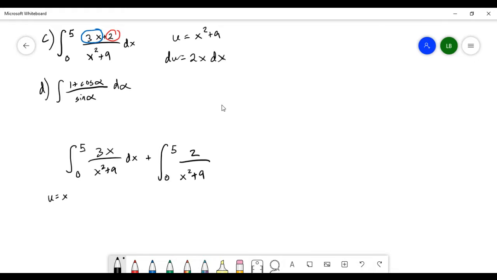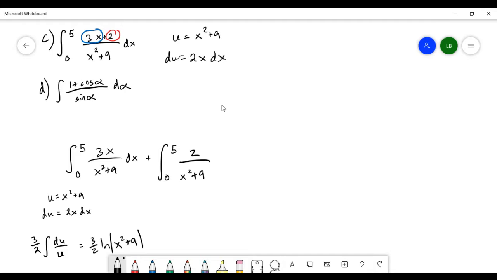We can let u equal x squared plus 9. du is equal to 2x dx. So we end up with 3 halves integral du over u. That's 3 halves natural log of x squared plus 9 as this left-hand integral.